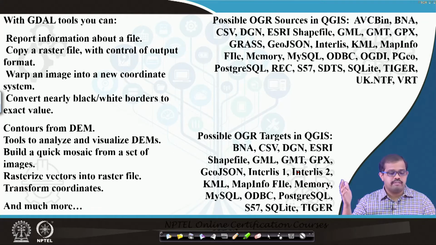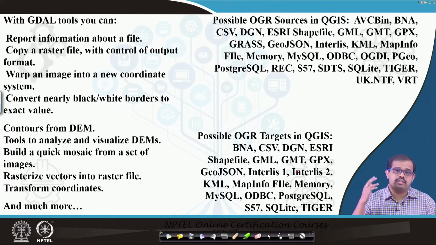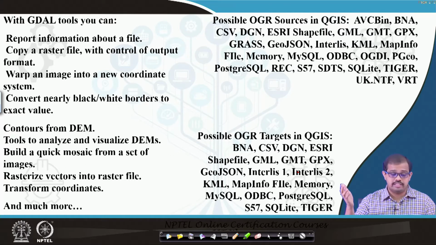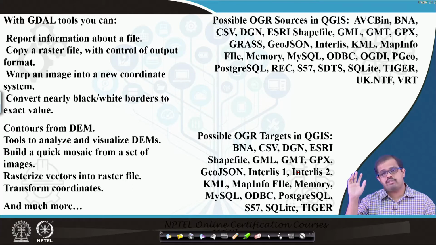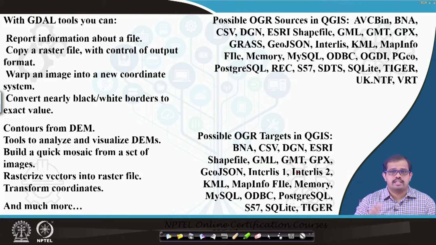It can also convert nearly black or white borders to exact values, which can be handled effectively by GDAL tools. It can derive contours from a DEM, provide tools to analyze and visualize DEMs, build a quick mosaic, rasterize vectors into a raster file, and transform coordinates. Anything you ask for as far as the raster data model is concerned can be done by GDAL.